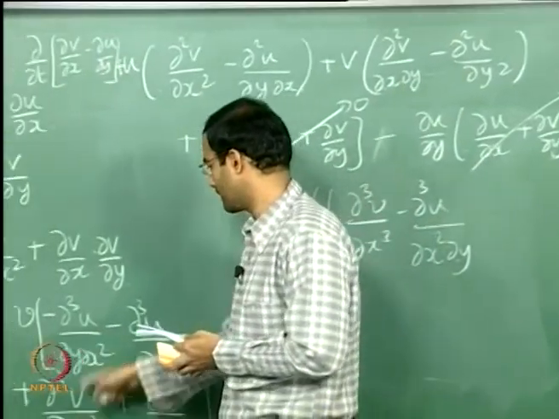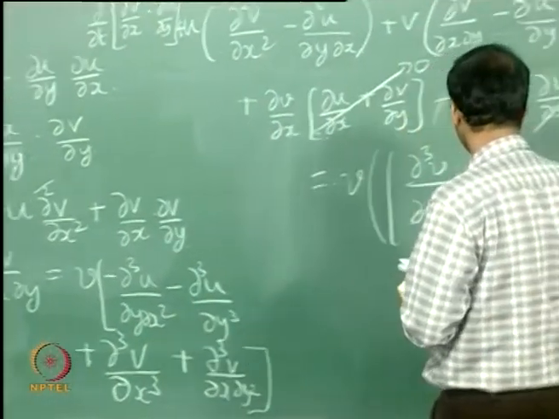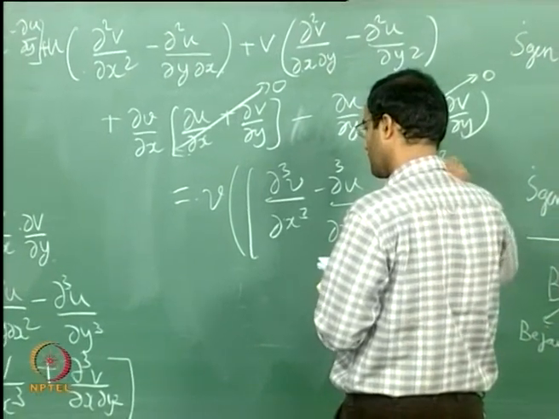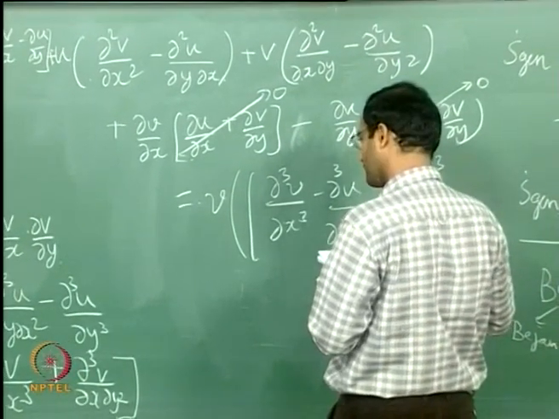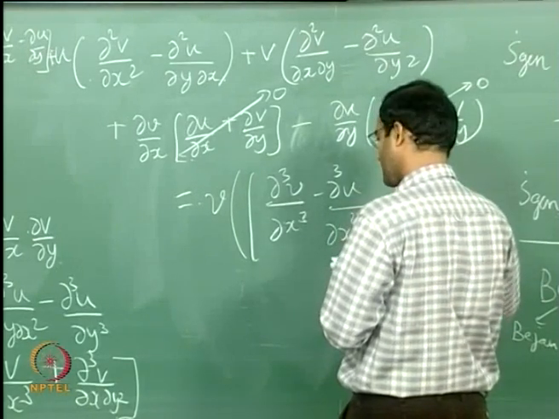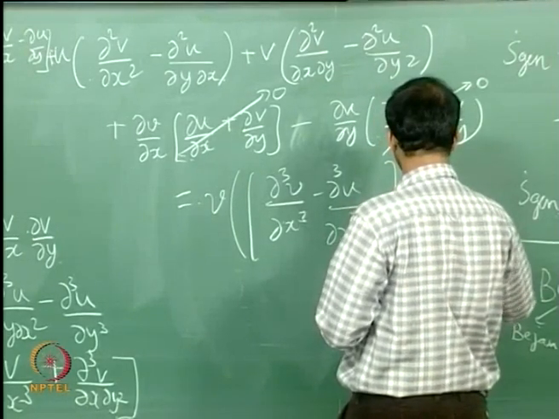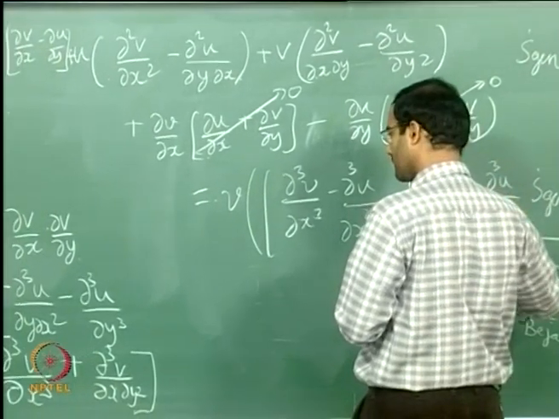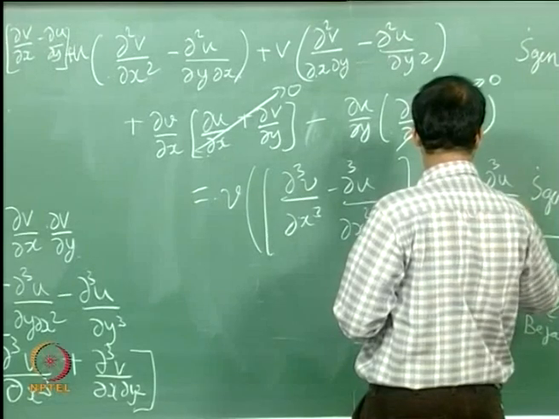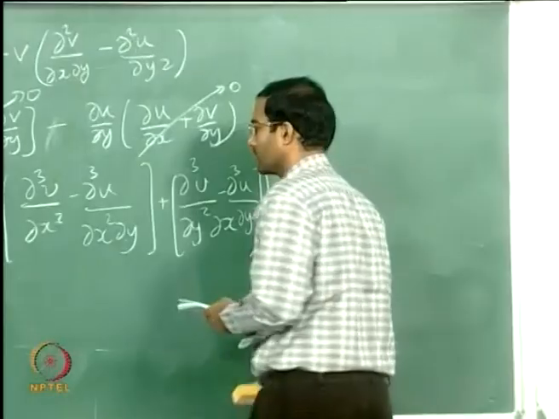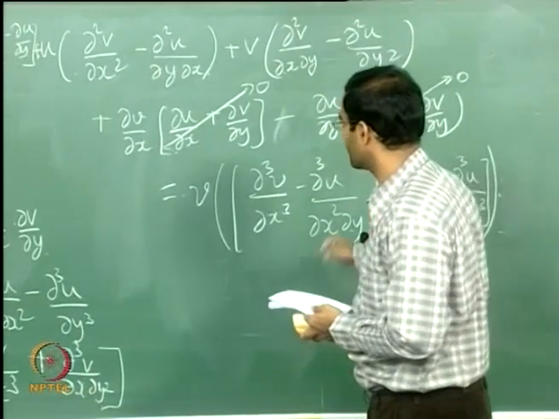So I am grouping these two terms, plus d cube v by dy square dx, minus d cube u by dy cube. Alright, so I am just grouping them.